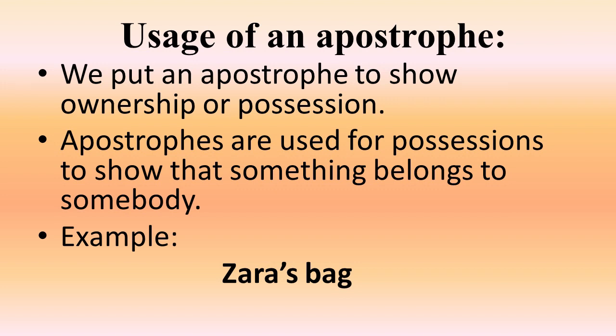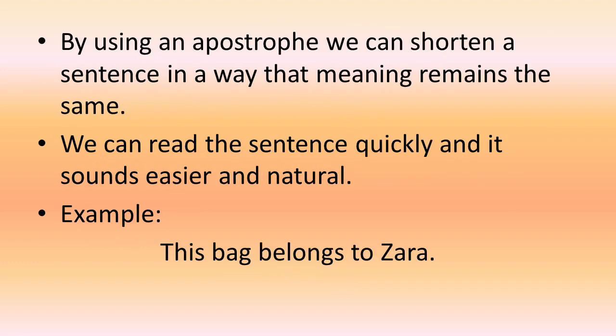For example, Zara's bag. This means that the bag belongs to Zara. By using an apostrophe, we can shorten a sentence in a way that meaning remains the same. We can read the sentence quickly and it sounds easier and natural.